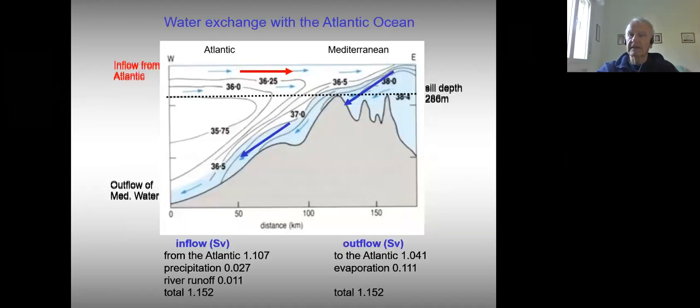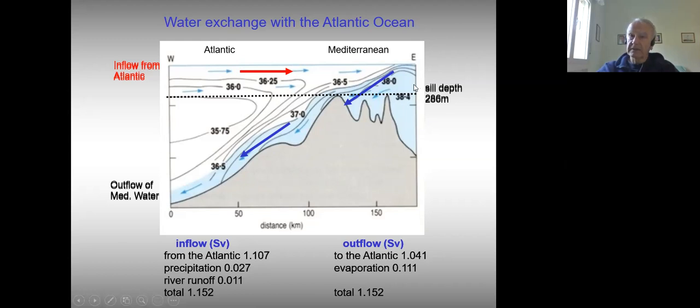And this is how it looks in real life. The Mediterranean is here, the Atlantic is here, and the red arrow shows the inflow of the surface water, the fresher, lower salinity and lower density water from the Atlantic into the Mediterranean.